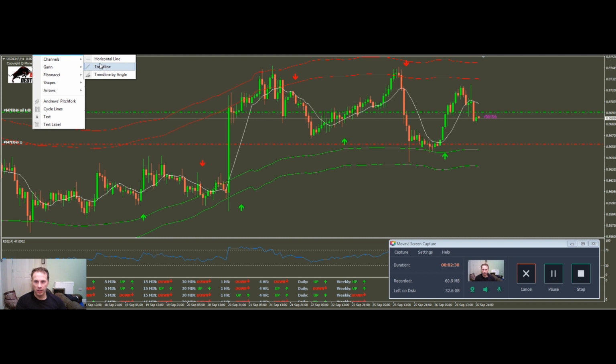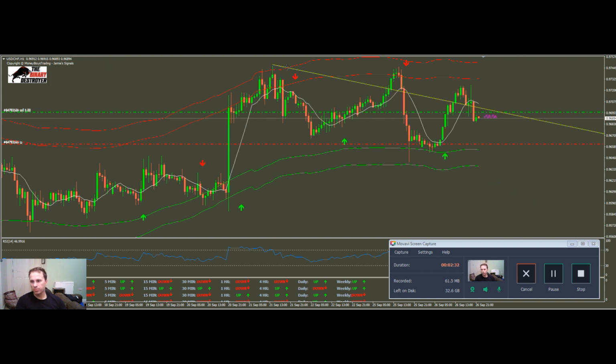If I was to draw a trend line there, you can see how the price is going down. The trend dash is telling us the same thing, it's pretty much all red, and using a bit of price action I can see we're making lower highs. So I thought, great, the price looks like it's going to start going down.